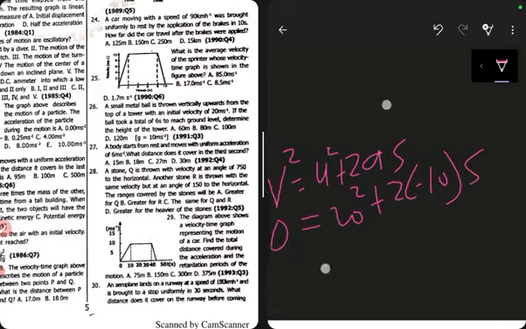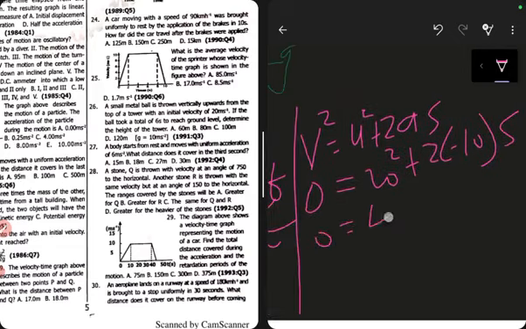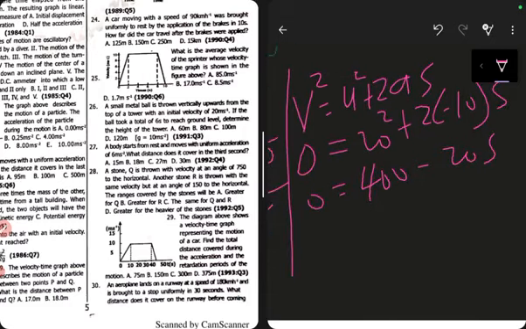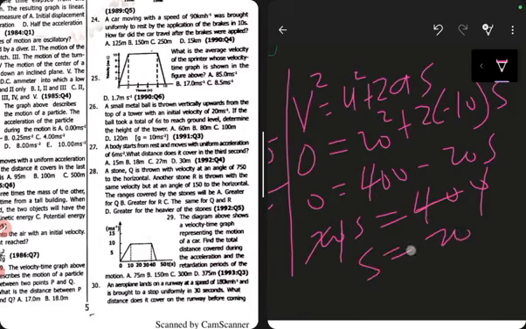We don't know the s. So 0 will be equal to 400 minus 20s. If you take minus 20s to the other side, 20s is equal to 400. And if you divide, 0 cancels 0, 2 cancels here, it is 20. So the distance in the first stage is 20 meters.